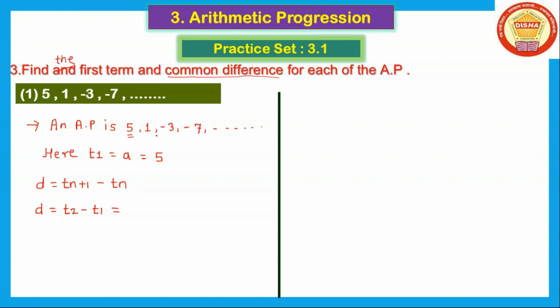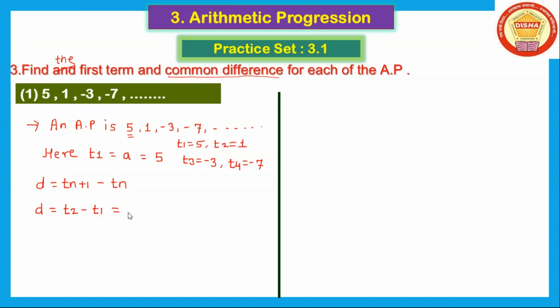Here we consider T1 is equal to 5, T2 is equal to 1, T3 is equal to -3, and T4 is equal to -7. To understand which terms are given in which place, we write here T1, T2, T3, T4.